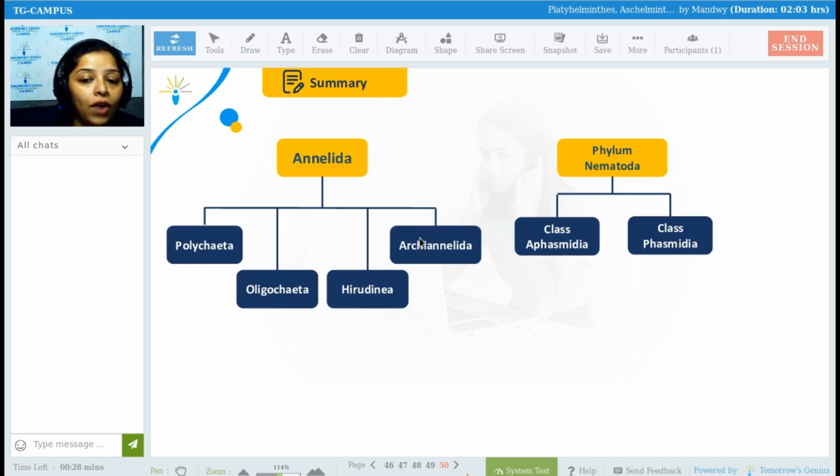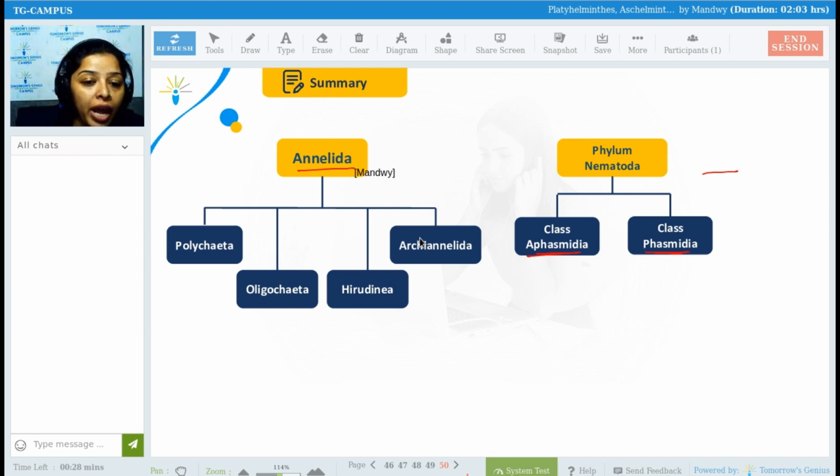Then we discussed the phylum Nematoda, the characteristics of Nematoda, and the classes of Nematoda on the basis of presence or absence of phasmid. If they don't have phasmid, the class is Aphasmidia. If they have a phasmid, they are called Phasmidia. Then Annelida. Annelida are the ring-form organisms, right?